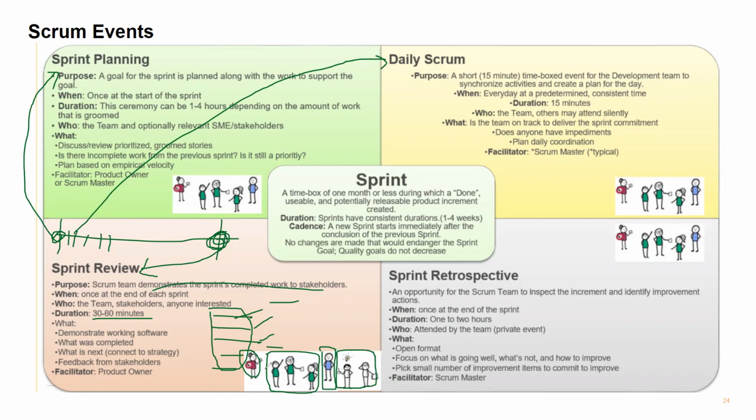The product owner might call these people customers or stakeholders, whoever they are. The team will demonstrate, and these people might give feedback saying this is good, or this is not the one we want. The entire meeting is facilitated by the Scrum Master.